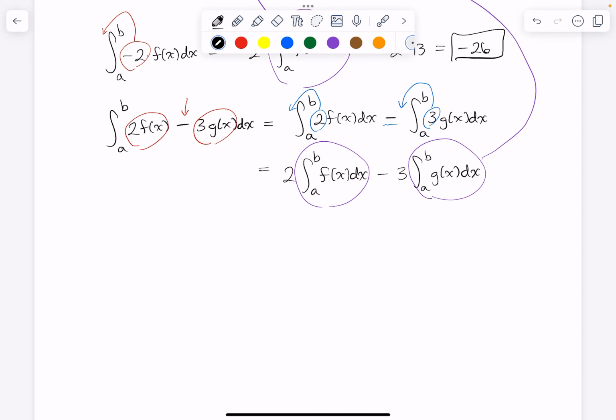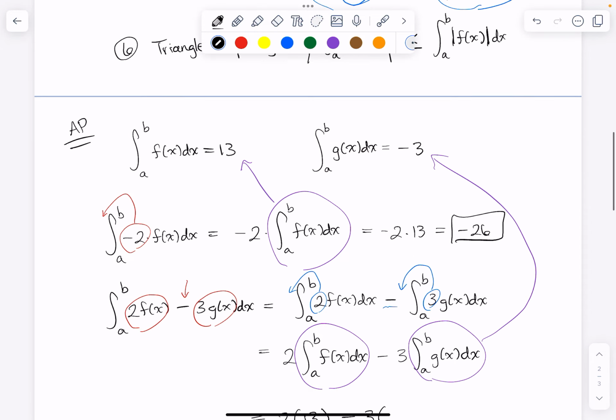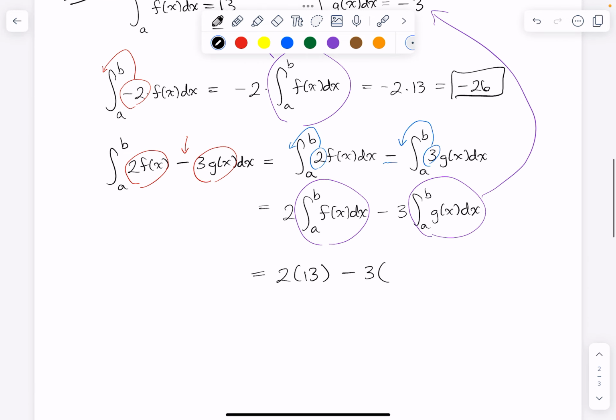So we just substitute in. 2 times 13 minus 3 times -3. Cool. So that's 26 plus 9. And that's going to be 35.